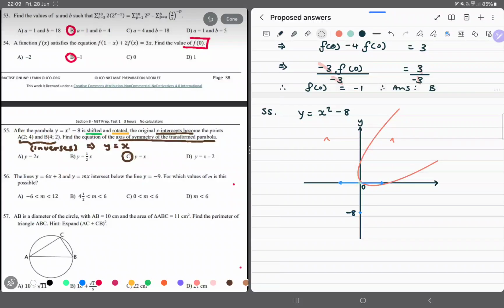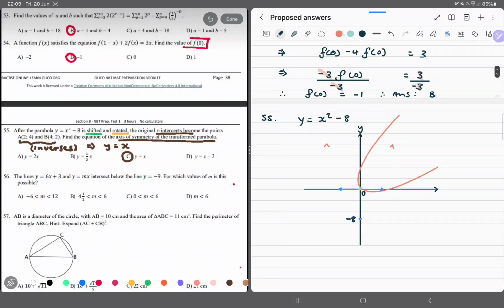So maybe let's leave it here and say this is probably how our parabola looks after we rotated it and shifted it. So let's imagine now, here's our x-intercept. This x-intercept becomes point A, and directly across that, over here, we've got this other x-intercept as B.